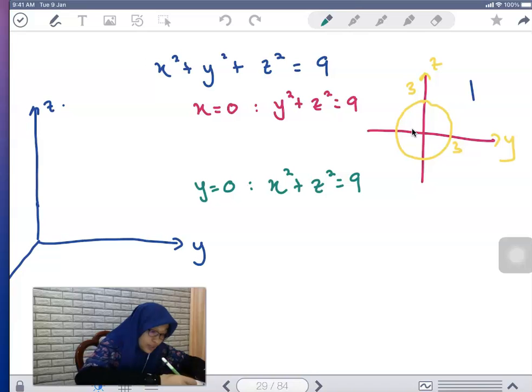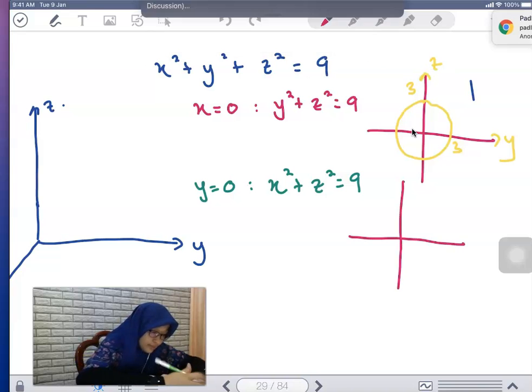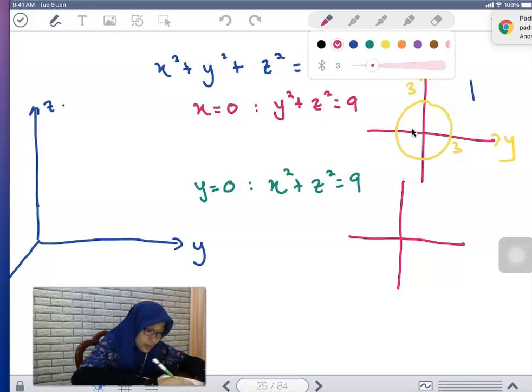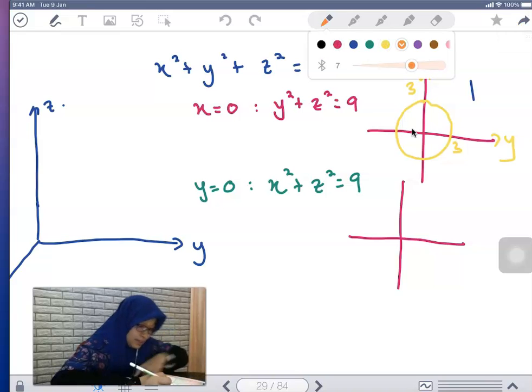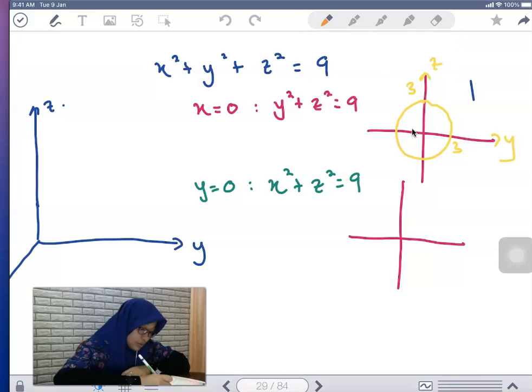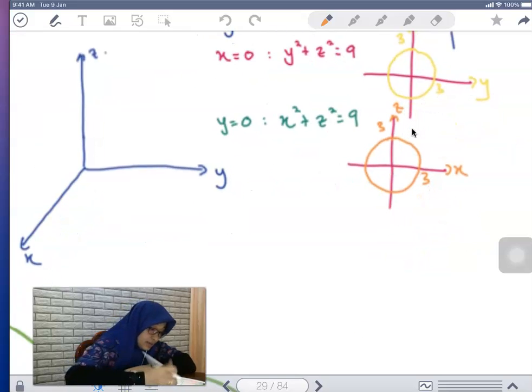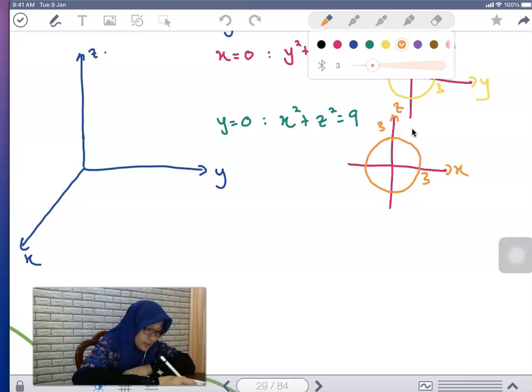When you sketch that, you have a similar size of circle, also centered at the origin with radius 3, now on the zx plane.